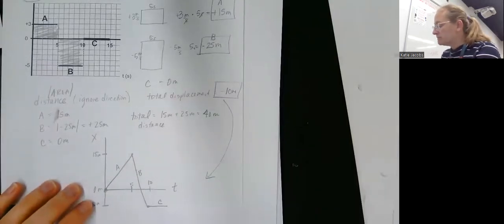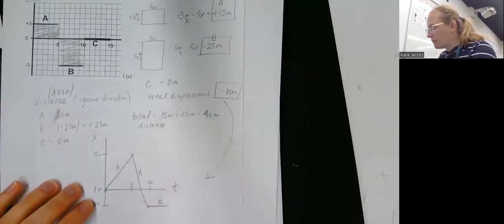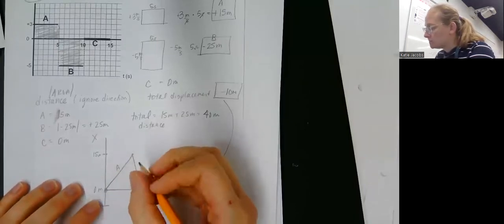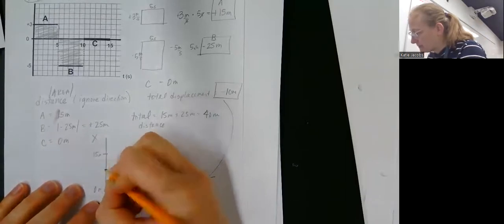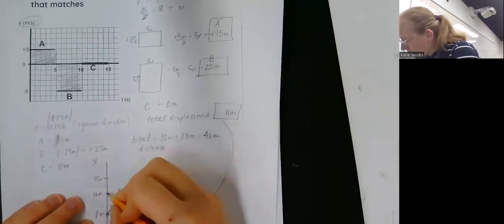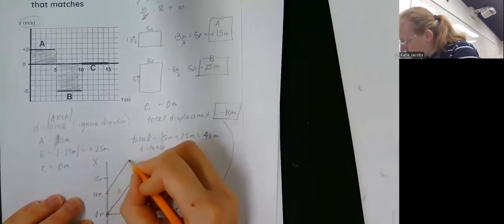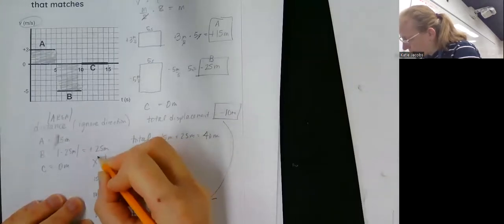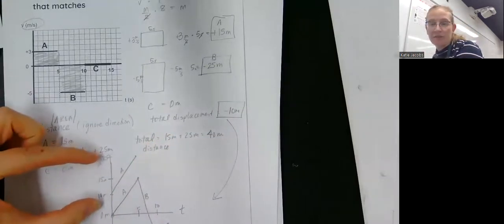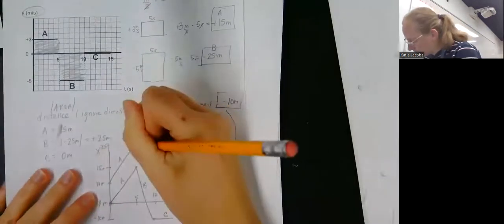Another option, let's say you didn't want to go in the negative region. Let's say I started at 10 meters. I could go up to positive 25 for segment A. That's still a positive 15 meters displacement.